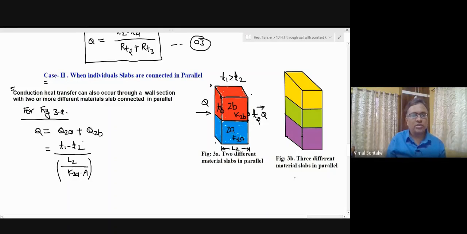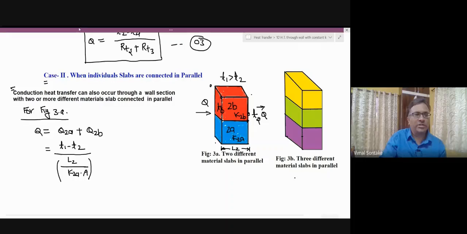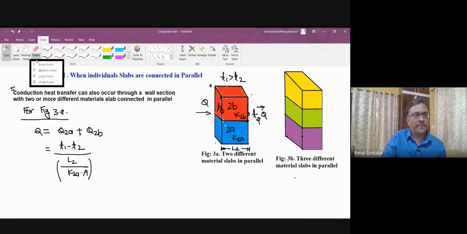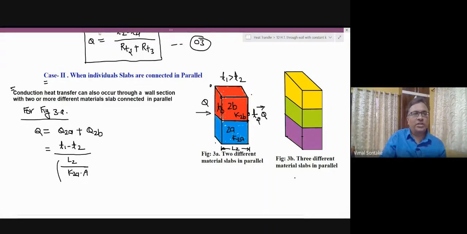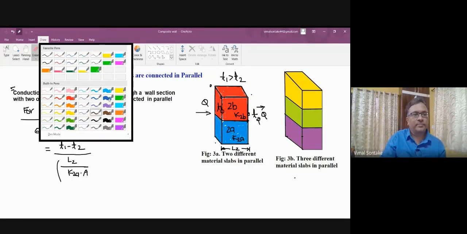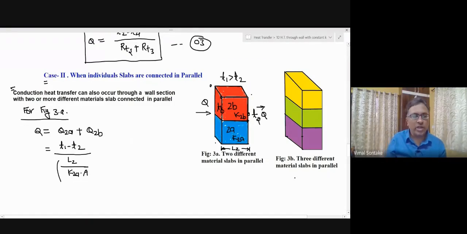Sorry, extremely sorry. This is a very important concept. What will be the area normal to heat transfer in this case? For material 2A, it will be A2A. This will be the area normal to heat transfer. So this is the expression for Q2A.